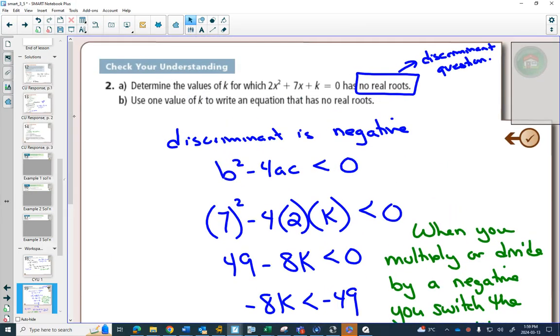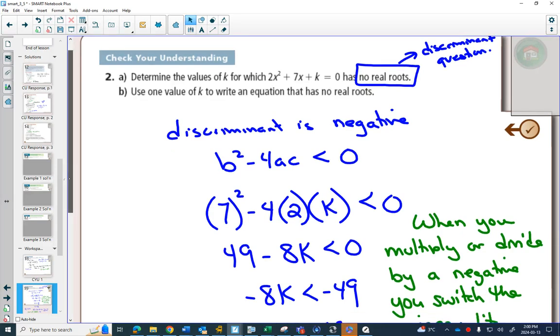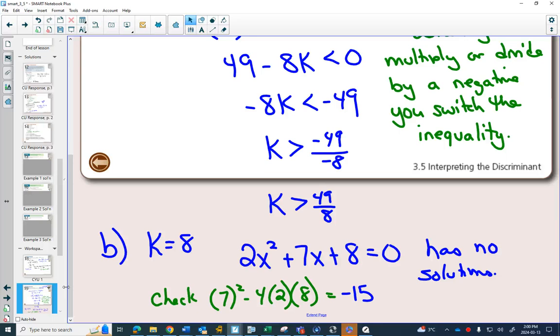Then in a part B like this, choose one value of k. You can pick anything that works. Like I said, k has to be bigger than 49 over 8. If you're like, I don't want to do too much mental math, I'm going to pick 1 billion, because I'm hoping that's big enough, you'll probably be right. Good. Not a bad strategy.